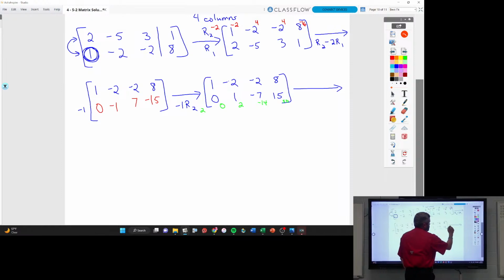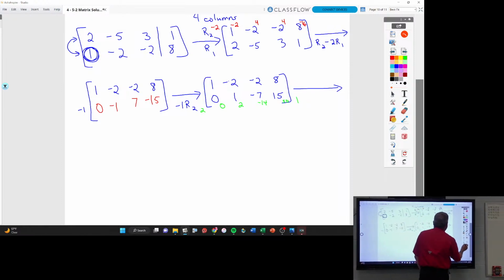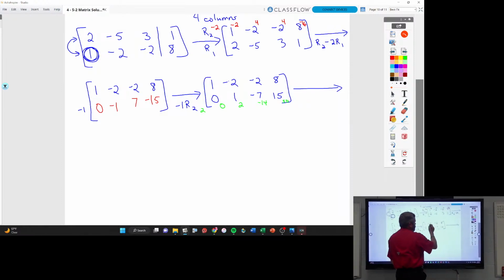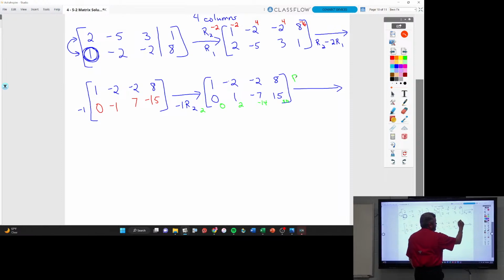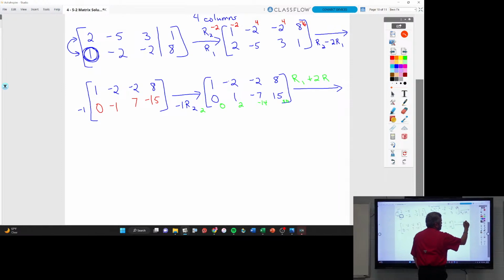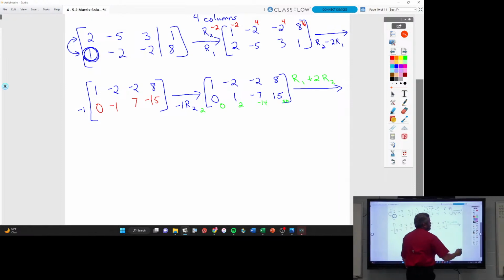I'm now going to take row 2 and add, back this up. Row 1's being replaced. So I'm going to take row 1 and add 2 times row 2 to it.